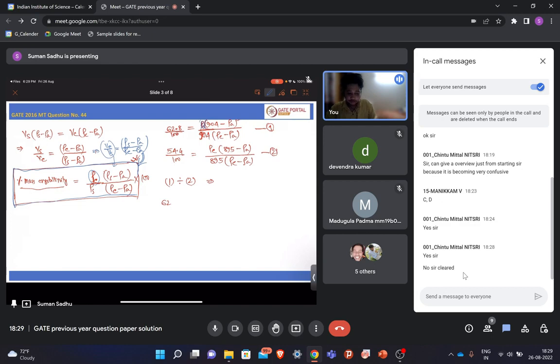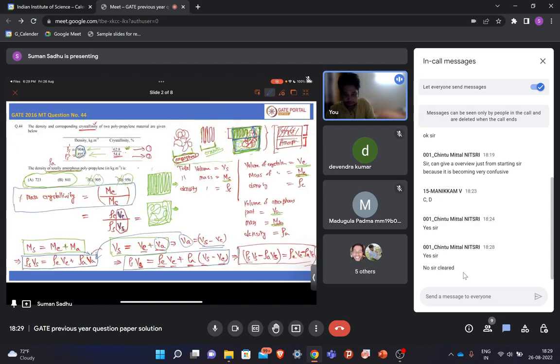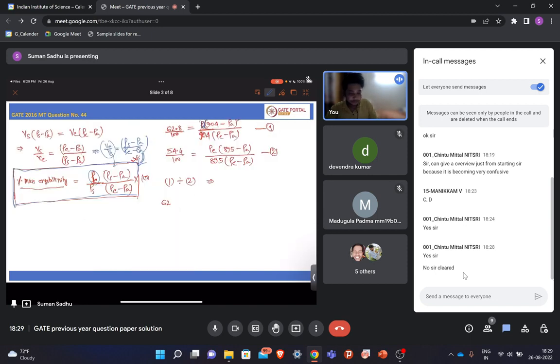And rho s was given, that is the density of the sample. It was given 904. So density of the sample 904 minus rho a, that is the density of the totally amorphous part, or totally amorphous polymer. In this way we get these two equations, and this is the second equation.